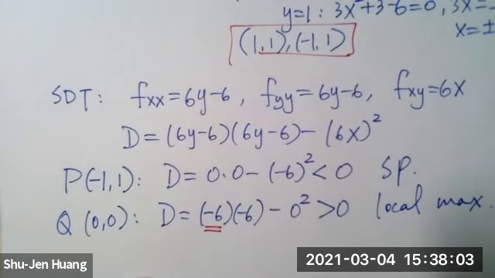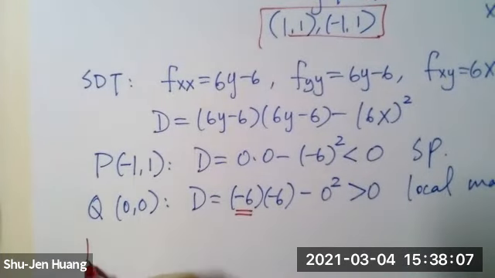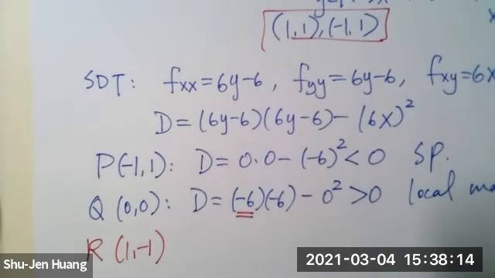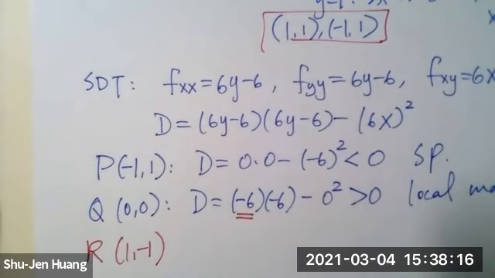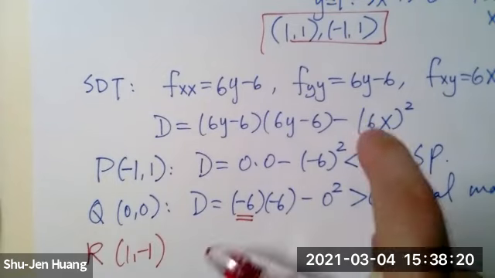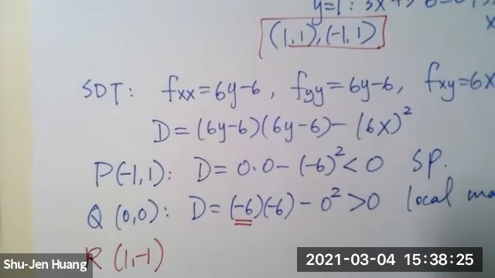If I give you another point, let's say R, the point 1 comma minus 1, what do we have at R? Do we use the discriminant here? I don't think we have a critical point there.